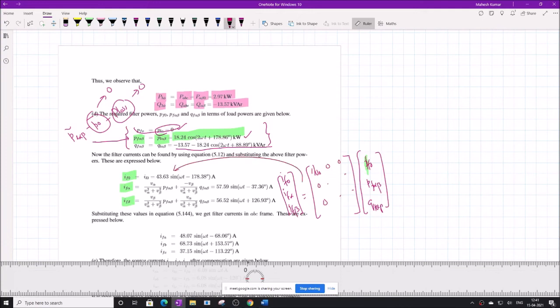So by substituting these values, we find this is IL0. It's slightly more calculation. Please do it yourself. Do not trust my values. Unless you do it yourself, you will not have any idea how they are being computed. Give some time to it because slightly more calculation is involved in that simplification.